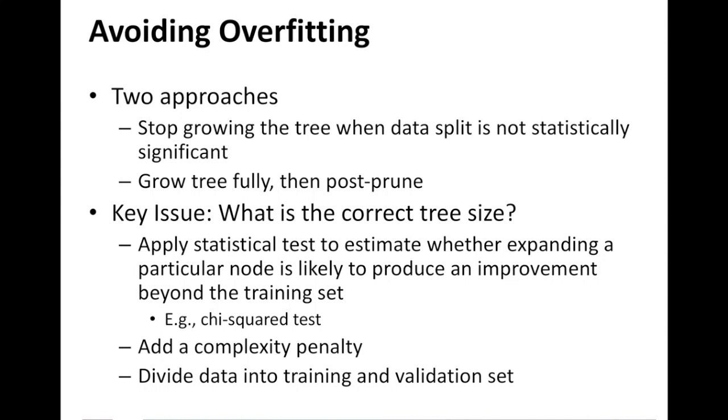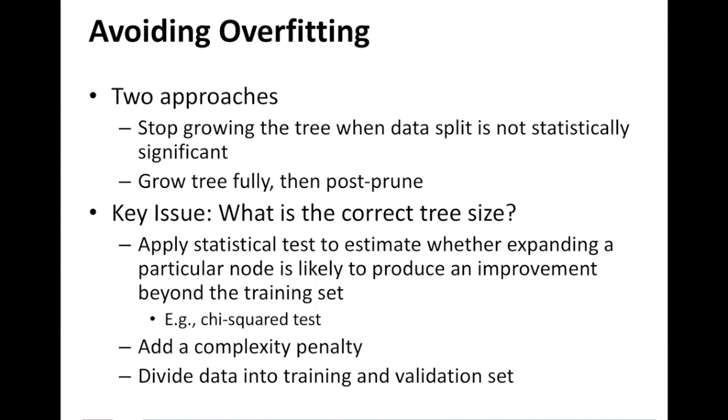The first way to avoid overfitting is the chi-square test. It's a statistical test, and you can use other statistical significance tests as well, to see whether expanding a node, adding another split in this particular path, would provide an improvement in your prediction.